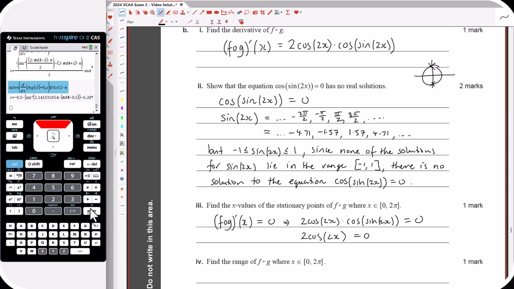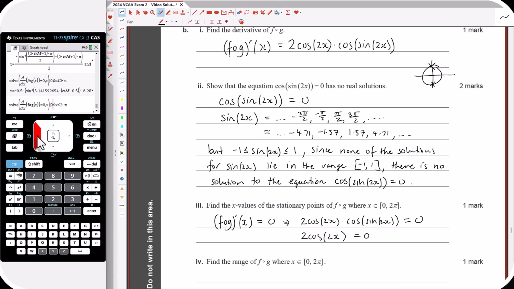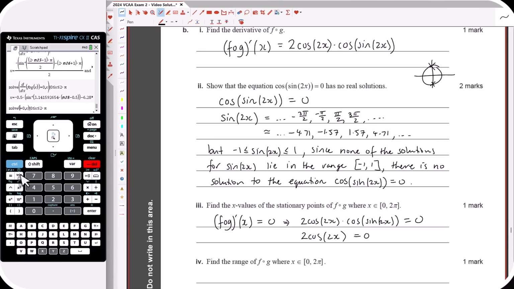So rather than solve derivative equal to 0, which it seemed to have some trouble with, let's just solve, trouble writing the CAS accurately today, 2 times cos of 2x. Lost a bracket somewhere.